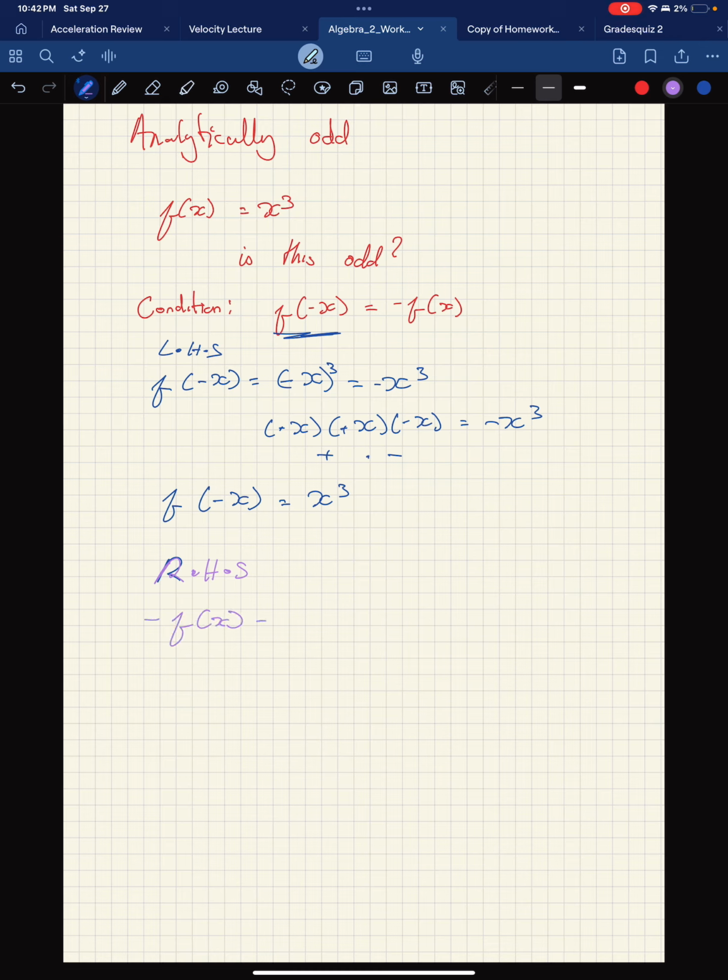Since f of x is x to the 3, minus f of x would just be minus x to the cube.